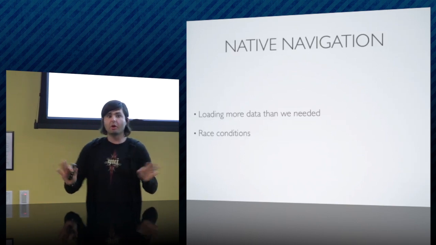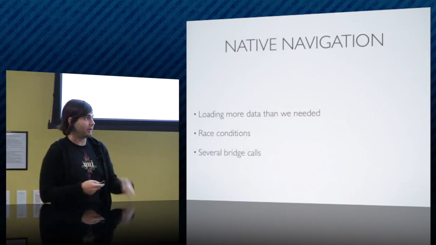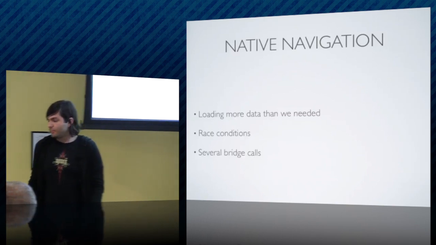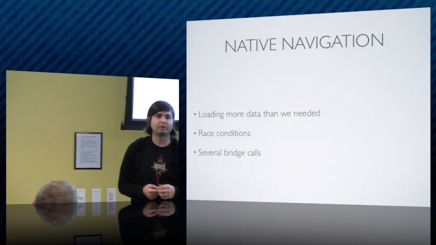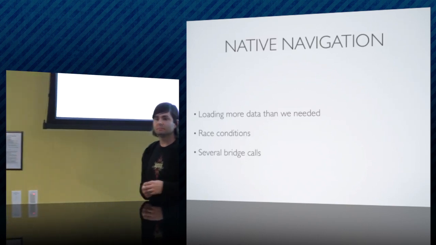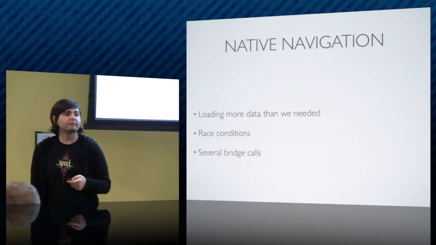So we need to block everything until both were on the same page. And again, this also ended up in several bridge calls, which comes with a price. And we'll talk later about the bridge and what that means.